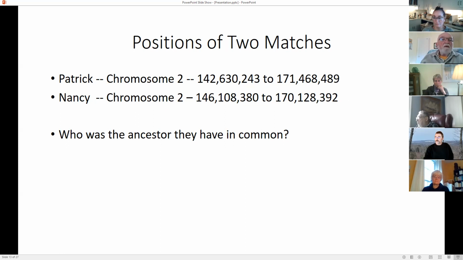So, I mean, 142 million versus 146 million, and 171 million versus 170 million. That's the beginning and that's the ending. So obviously, Patrick and Nancy share this DNA, which also is the same DNA that I share with each of them. Otherwise, they wouldn't have shown up as a match at all.